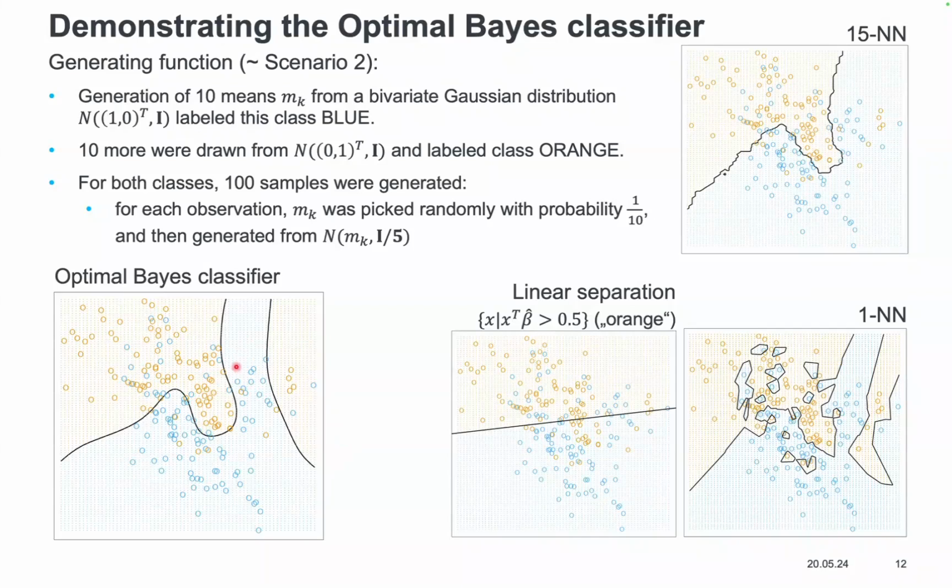And in this picture, for every dot here, we see whether it was produced from the blue distribution, so whether it belongs to one of the 10 normal distributions around the 10 means that belongs to the blue class, or whether it belongs to the yellow class.